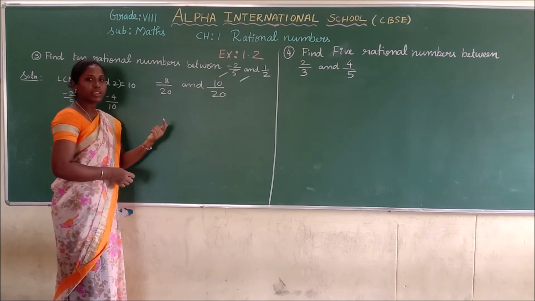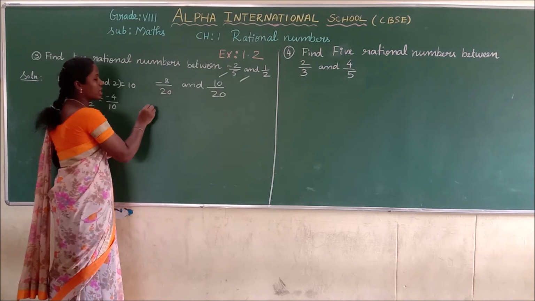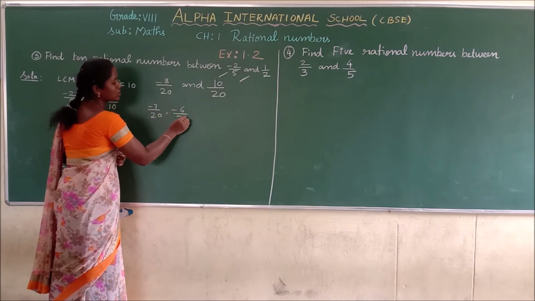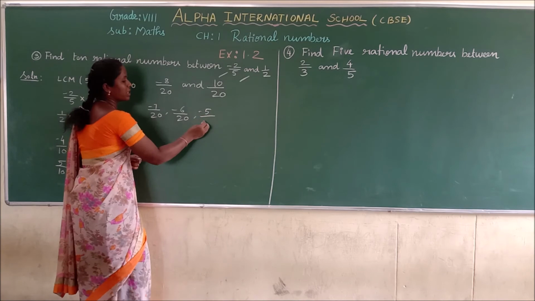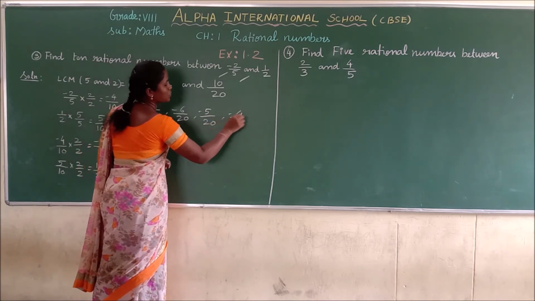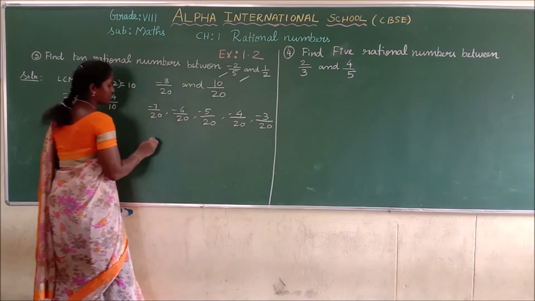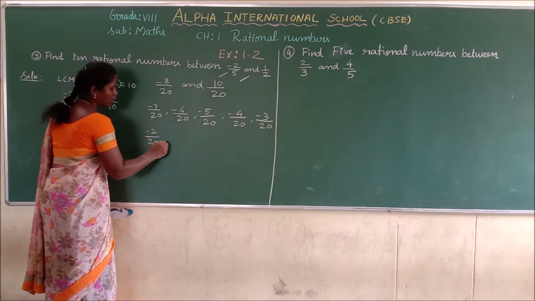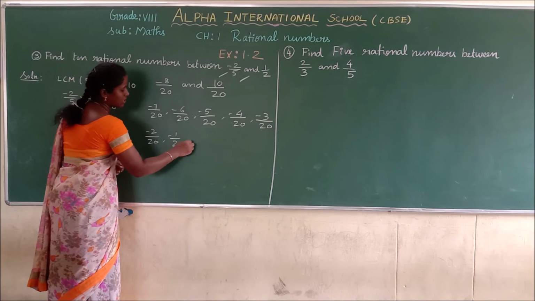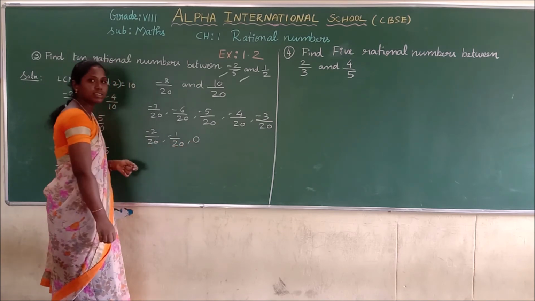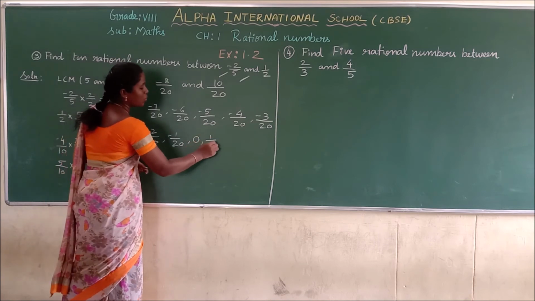Is it possible? Yes, because after minus 8 by 20 we are having minus 7 by 20, then minus 6 by 20, minus 5 by 20, minus 4 by 20, minus 3 by 20, minus 2 by 20, minus 1 by 20, and 0 by 20. 0 by 20 we can represent as 0, and then 1 by 20.